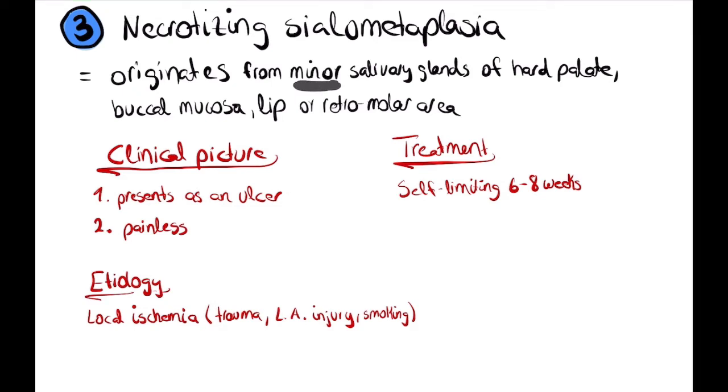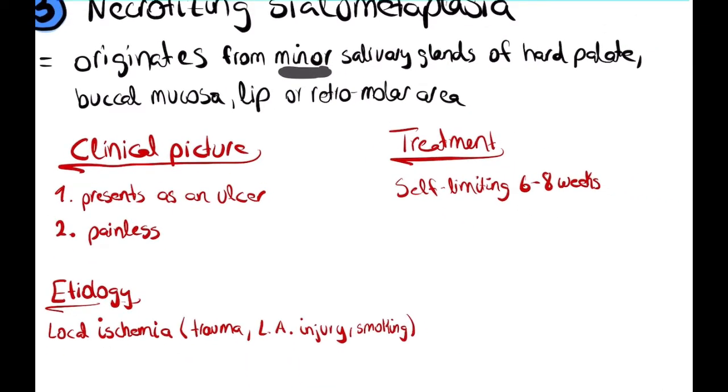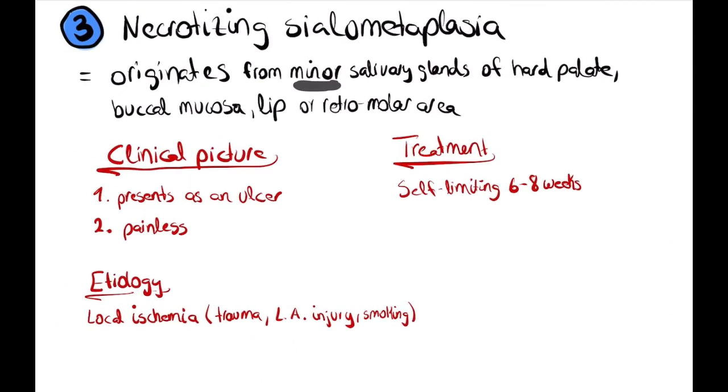In the topic of mucocele, from the cystic conditions, where the minor salivary glands are traumatized, which leads to accumulation of saliva. Here we have an inflammatory condition of the minor salivary glands of the hard palate, buccal mucosa, lip, or retromolar area.